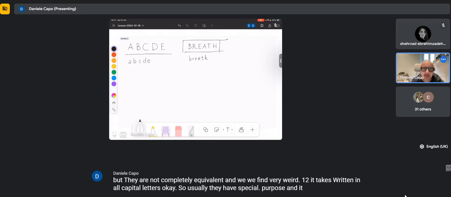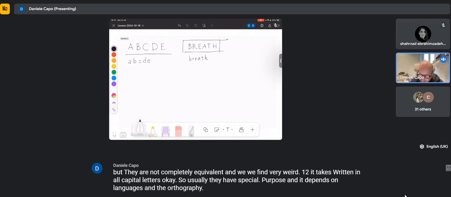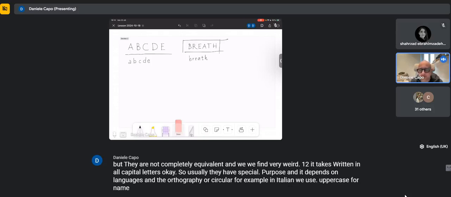And it depends on languages and the orthography of a certain language. For example, in Italian, we use uppercase for names of persons. Obviously, when we start a new paragraph, after a full stop, and so on.